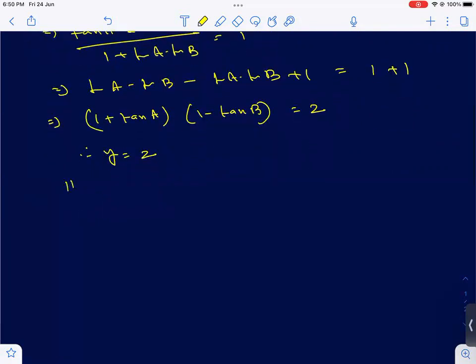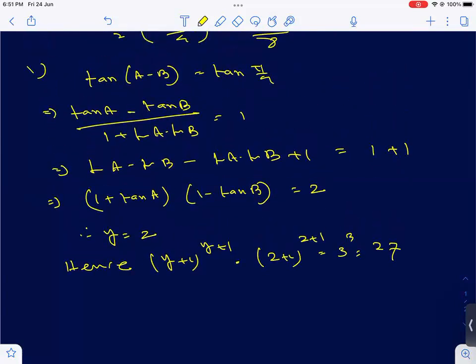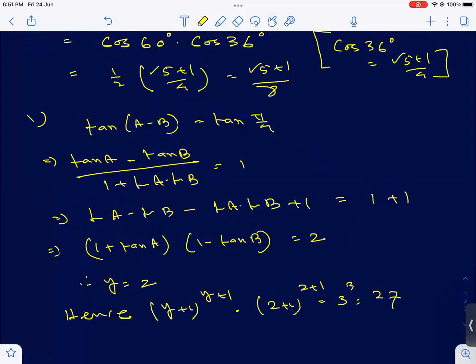Hence, (y plus 1) whole to the power (y plus 1) equal to (2 plus 1) whole to the power (2 plus 1) equal to 3 cube, that is 27. Sum is over. Therefore, option is C. Next.